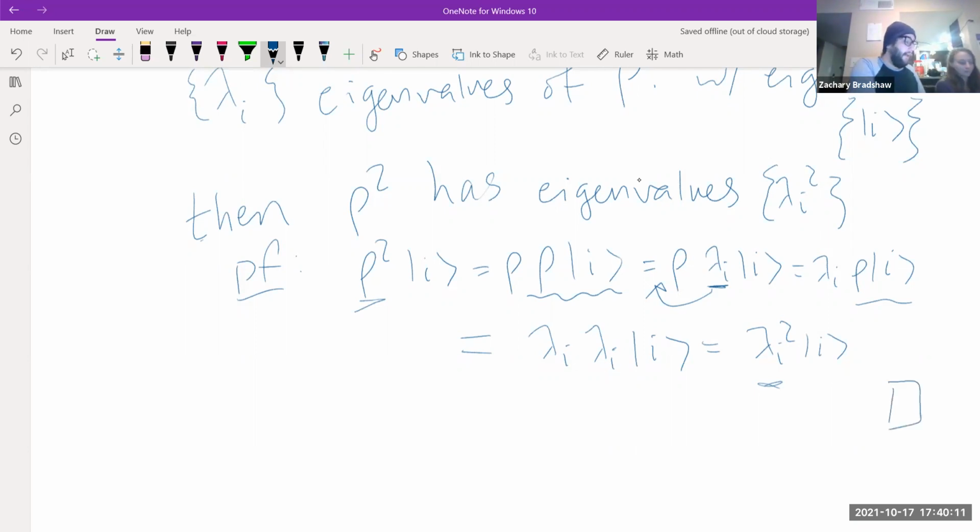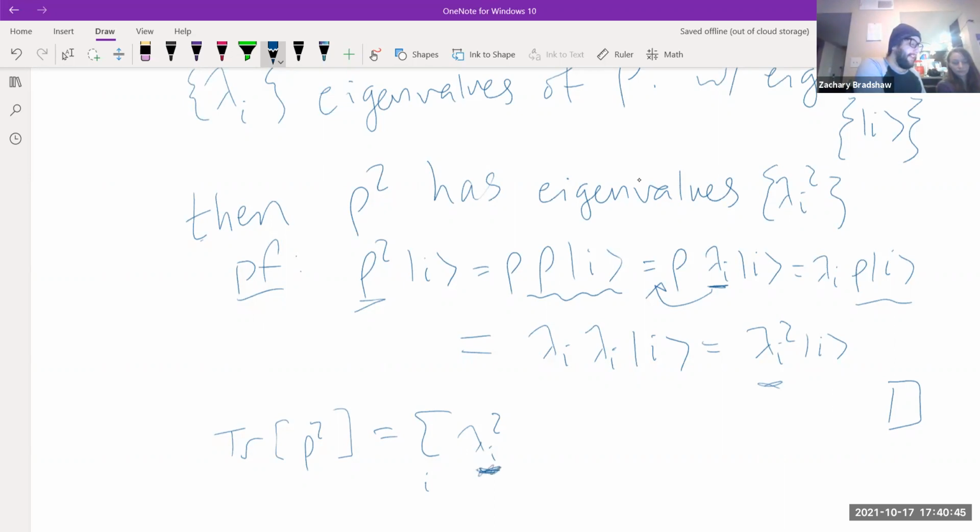so there you go. So what does this mean for us? This means when we take the trace of rho squared, well, this is the sum of the eigenvalues of rho squared, which are lambda I squared. So if rho is mixed, then that means that each of the lambda I is less than 1. Because if it were pure, then you would have only one eigenvalue, which is equal to 1, and all the other ones would be 0.